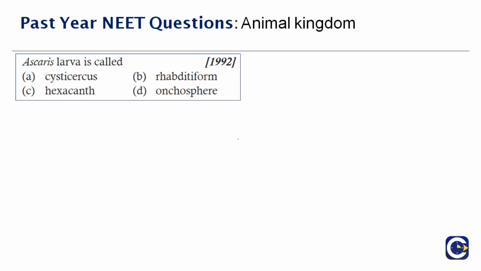Next question here. Ascaris larva is called as dash. Okay, what do you mean by Ascaris? We already discussed it's a worm, right? Apart from that, it is also found in the large and the small intestine of humans. Ascaris lumbricoides is the most famous one, which is said to infect humans, and they cause a disease termed Ascariasis.